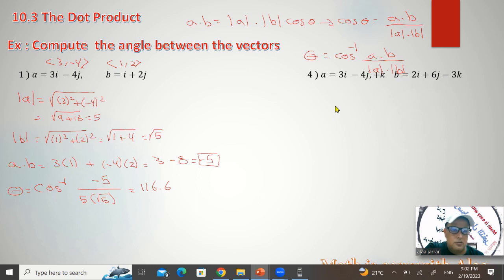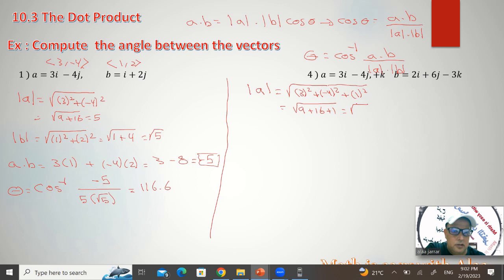Okay, let's continue with another example. If we have 3 dimensions, same steps. First of all, we find the magnitude of A. It will be 3 squared plus negative 4 squared plus 1 squared, and it will be 9 plus 16 plus 1.